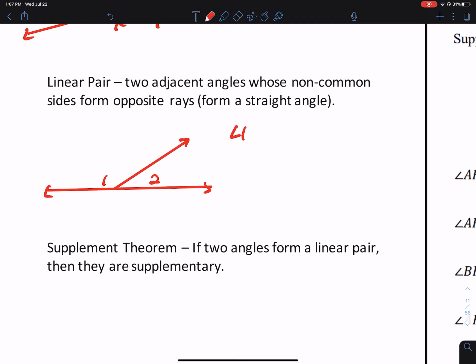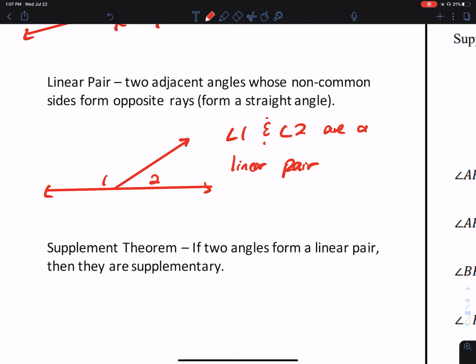We would say that angle 1 and angle 2 are a linear pair. Just think of the words linear pair. It's a pair of angles that make a line. That's all that it is.